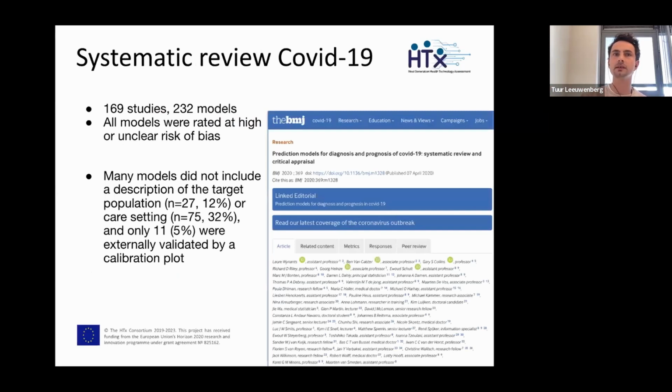They found that a lot of the models had a high or unclear risk of bias, so that you may not want to use them as they are in practice because of the way they are designed, as there may be issues with them. So that's quite a bit of a problem in a way.